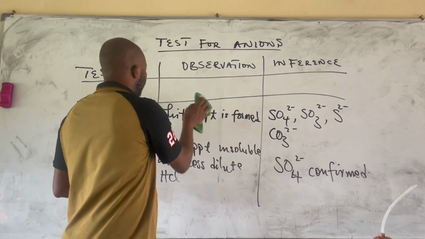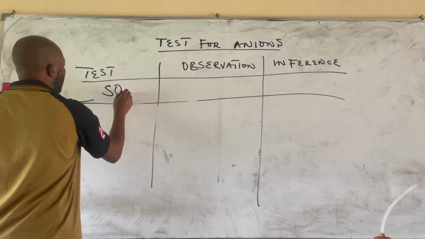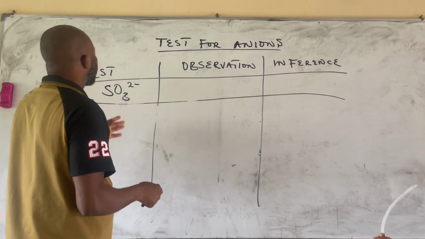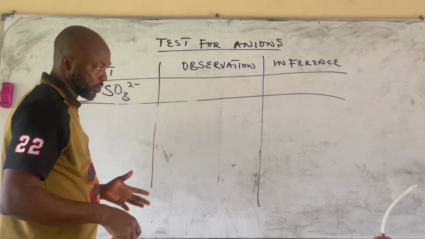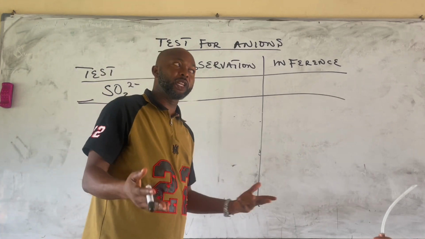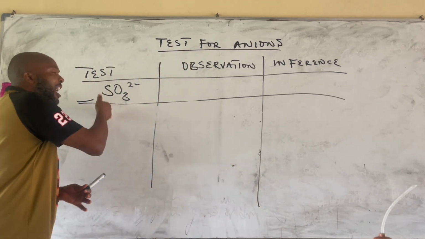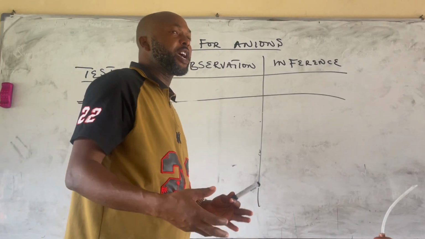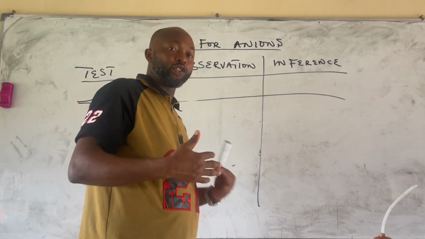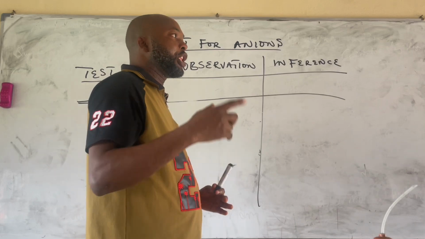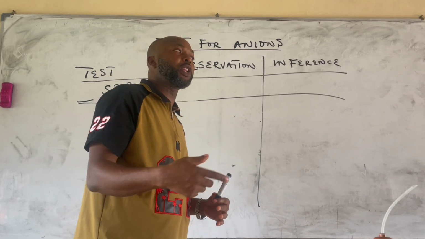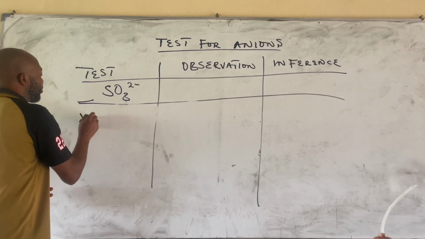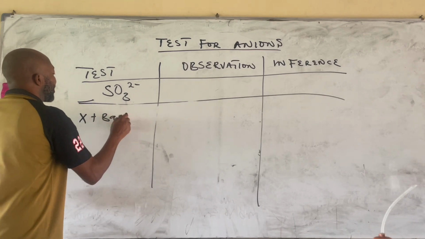Let's take another one. With SO3 2 minus, for us to test for the presence of the trioxosulfate 4 ion, the principles are similar. We will say if that sample, because I've given you the salt, I label it sample A or sample X. You do not know what that is. Now, that sample which I have given to you, let me call it sample X. I will now say X plus barium chloride.